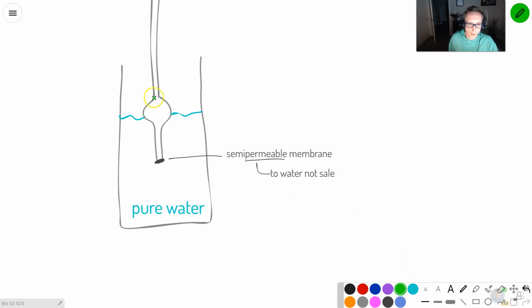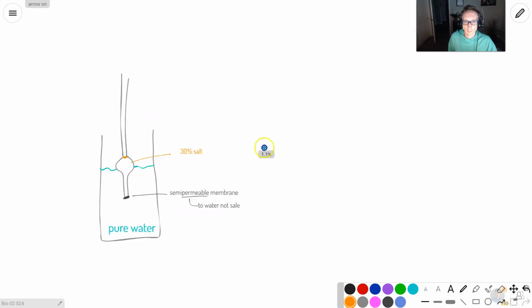And then we got some liquid in here, and I'm going to draw it in yellow because it's really, really high in salt. This thing's full of liquid, and it's super salty. Let's say it's like a 30% salt solution.